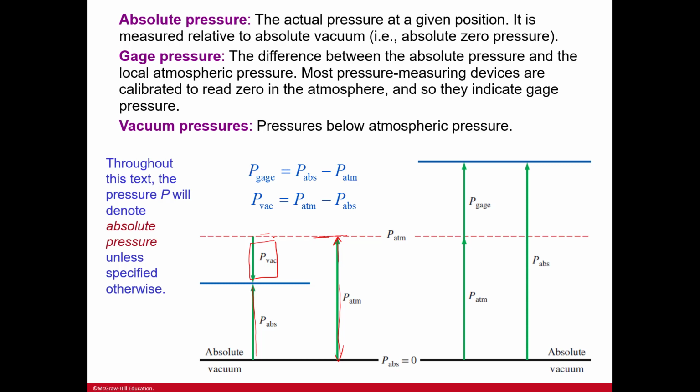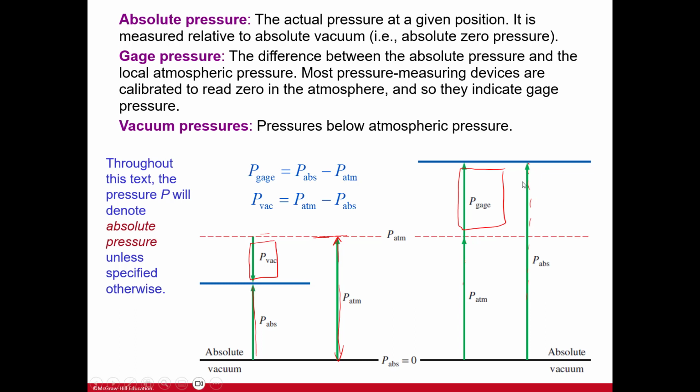And again, these three have relationships. You have absolute pressure here, and then you have atmosphere pressure. And what is gauge pressure here? Gauge pressure is the difference between the absolute pressure and the local atmospheric pressure. Most pressure measuring devices are calibrated to read zero at atmospheric pressure so that they indicate gauge pressure.